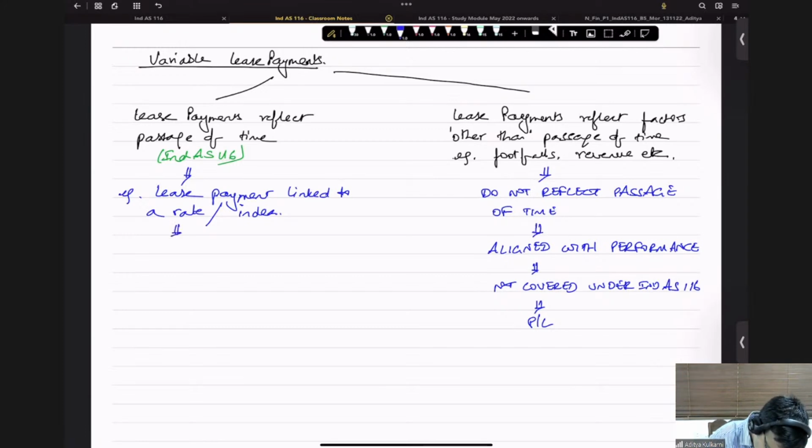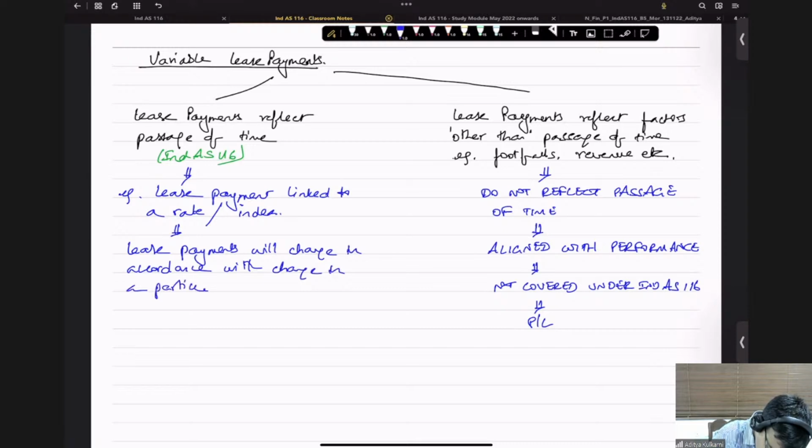It means lease rentals or lease payments will change in accordance with change in a particular rate, for example, LIBOR, MIBOR, etc., or a particular index.